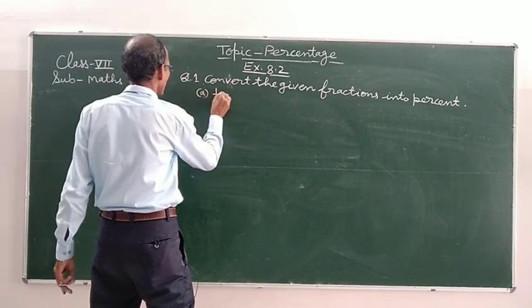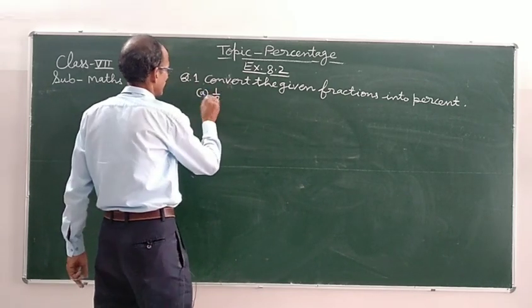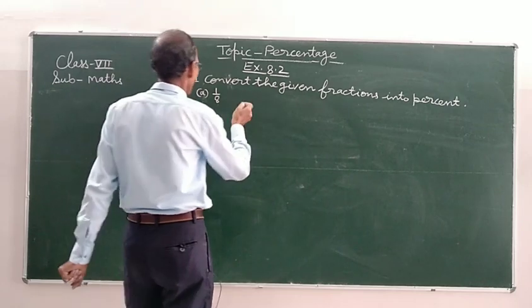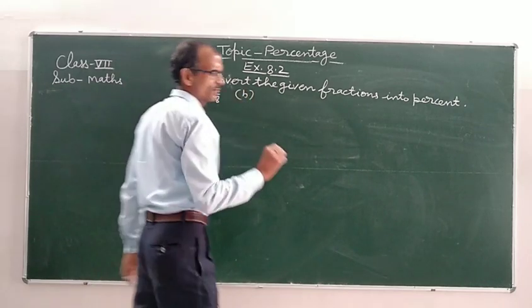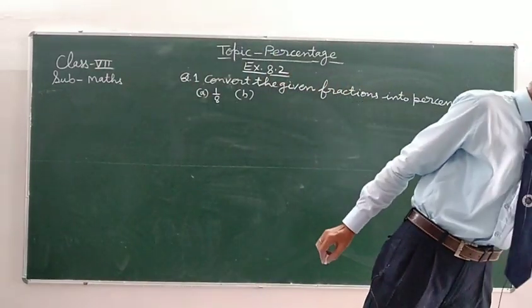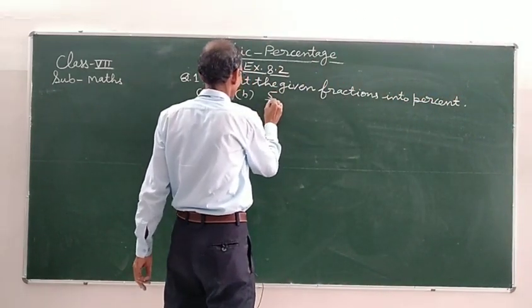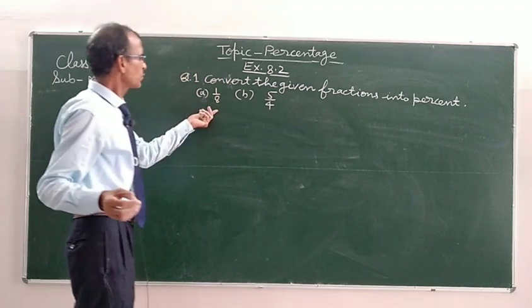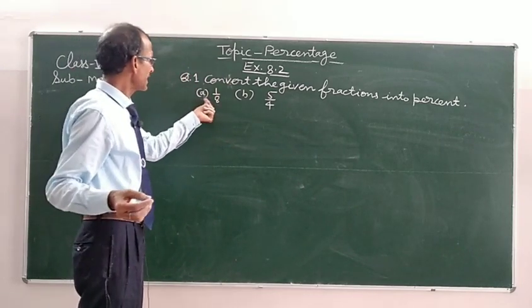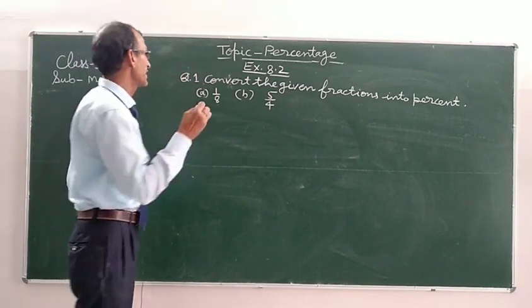Part A is 1 upon 8 and part B is 5 upon 4. You have to convert 1 upon 8 into percent.